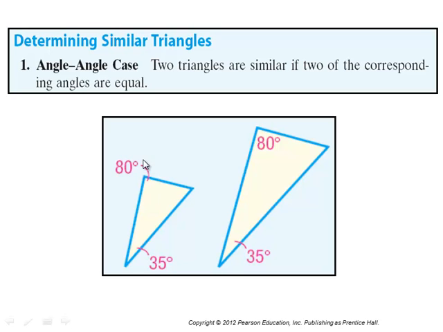So for example, you look at these two triangles here. They are going to be similar because they have the same interior angles, but not necessarily the same size. And remember, when you know two angles, you can always find the third angle by taking 180 degrees minus those two angles.